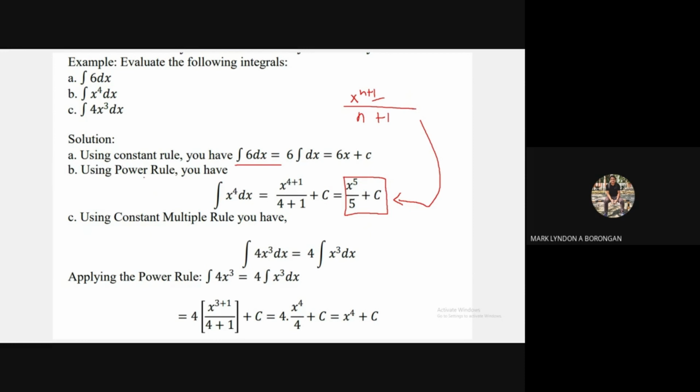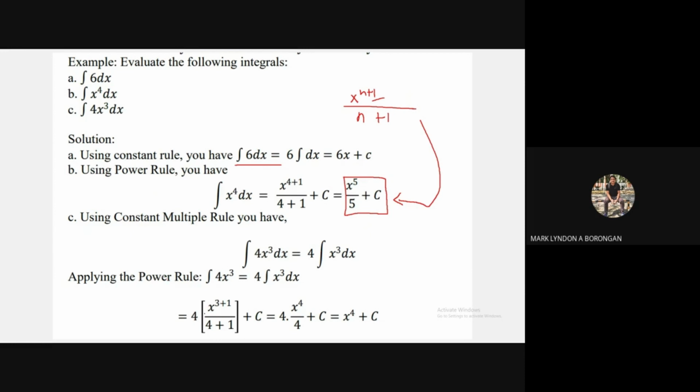Another example, for C, the integral of 4x cubed. What you do is apply the constant multiple rule, so you'll have 4 times the integral of x cubed. Now apply the power rule.